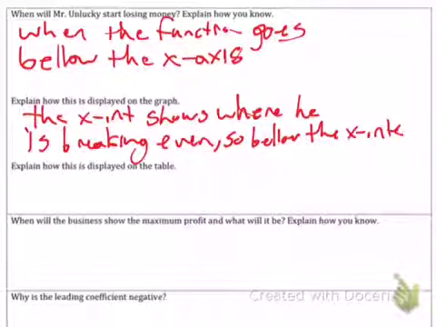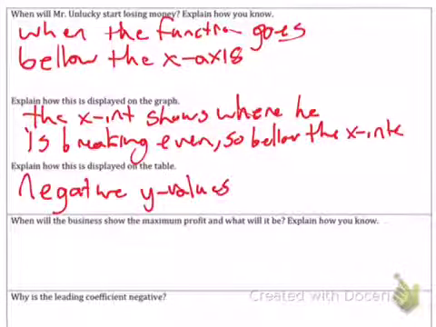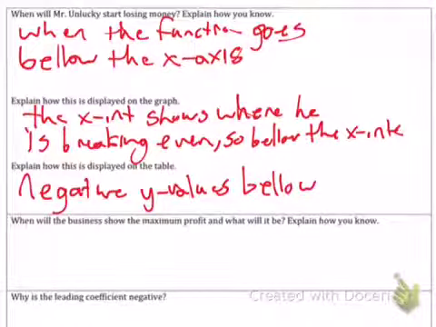Explain how this is displayed on the table. Negative y values below x-intercepts.